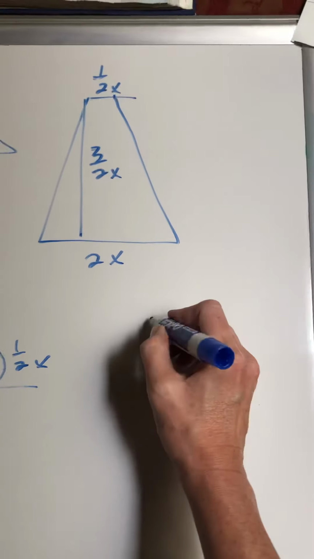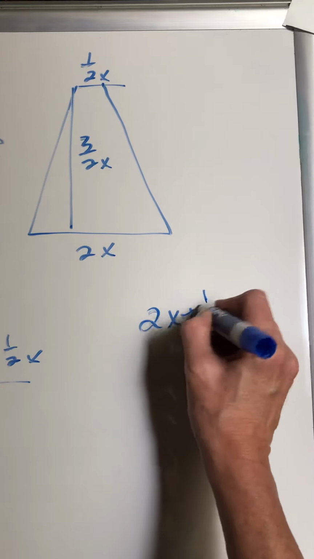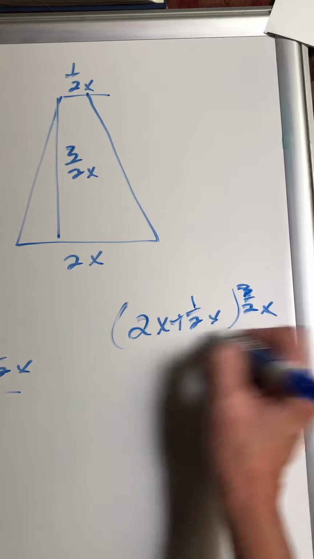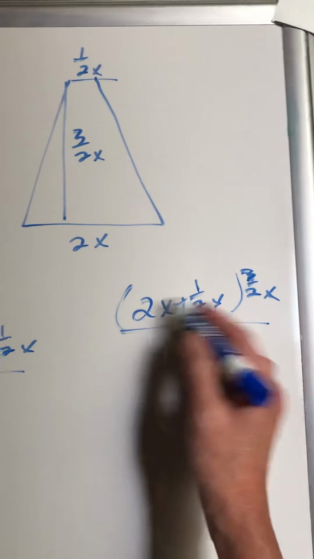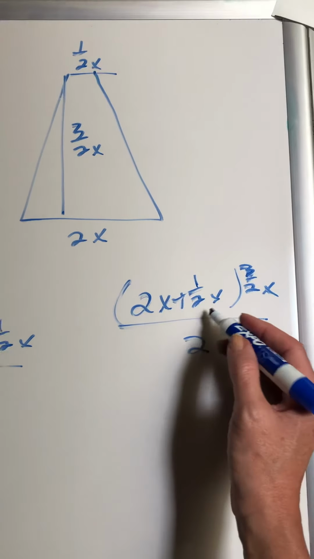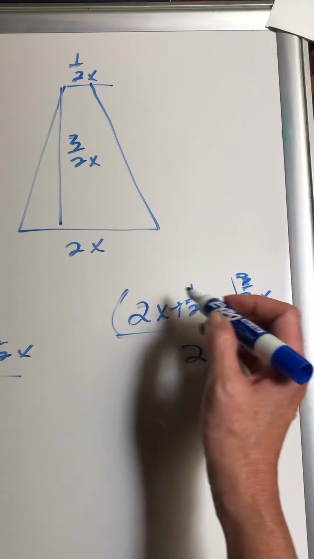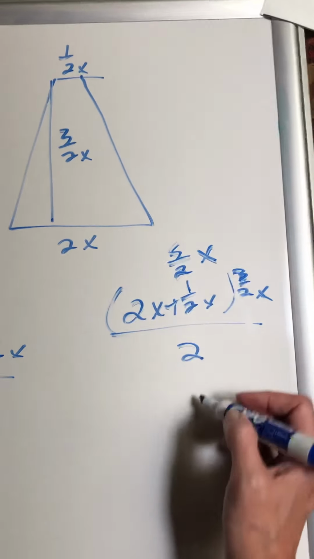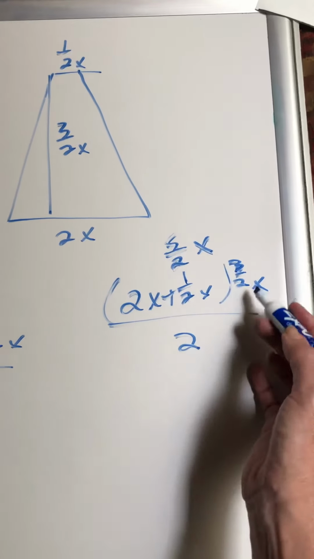Now we do the area of the second one. 2x plus 1/2 x times 3 over 2x, all divided by 2. So add the bases, multiply by the height, divide by 2. So 2x and 1/2 x, that's 2 and 1/2 x, which would be 5 over 2x, because I've got to multiply it by 3 over 2x.